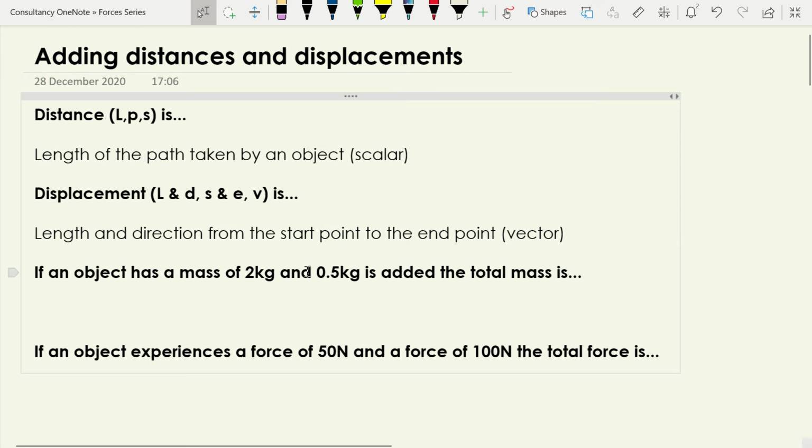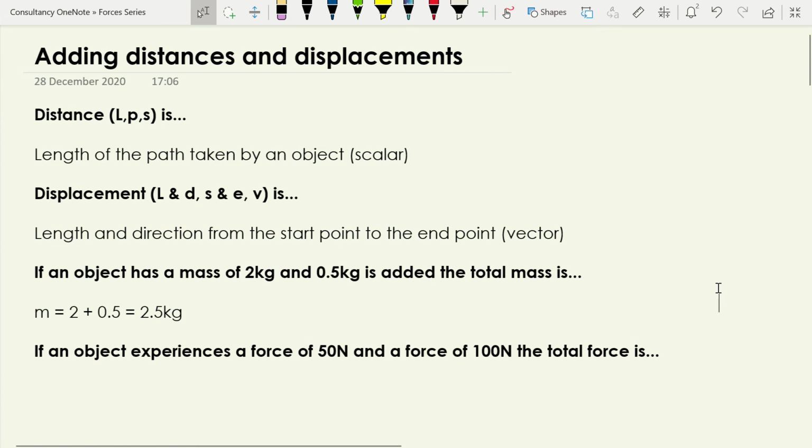Okay, so this question here is about seeing if you know how scalar addition works. If we have a mass of 2 kilograms and you add 0.5 to it, the total is fairly simple. You're going to do 2 plus 0.5 equals 2.5 kilograms, and that is always true for scalar quantities. They follow these nice addition rules.